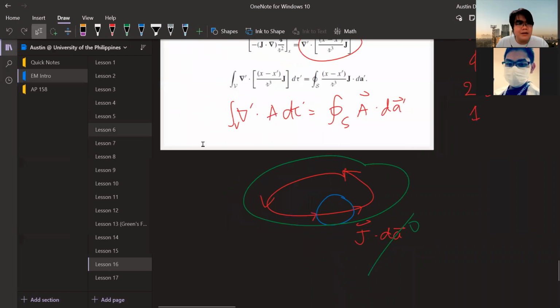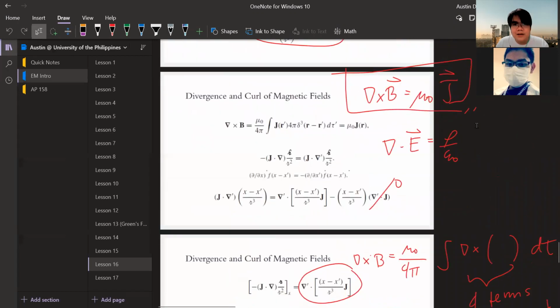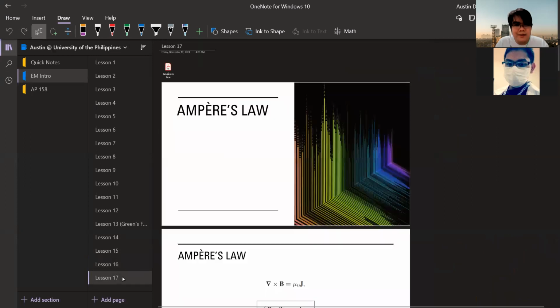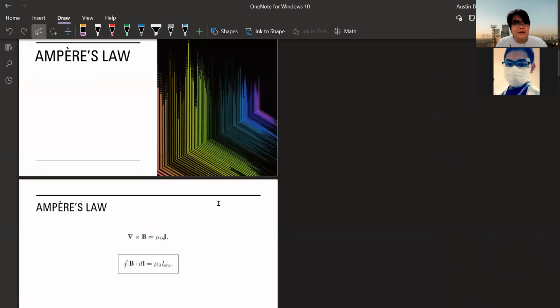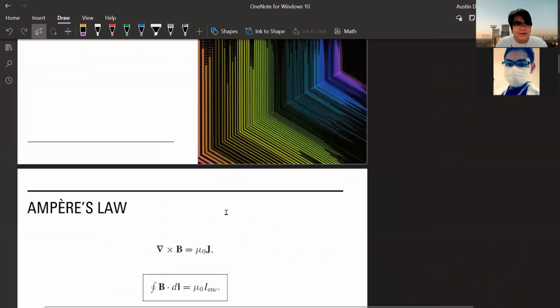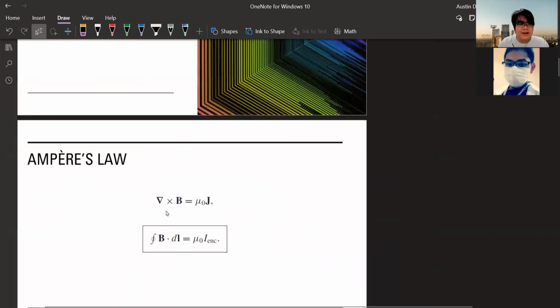So, tuloy natin. What can we get from here? Ampere's law. Balik tayo dun sa result natin na del cross B, the curl of B, is just mu naught J. J yung volume current, kung naalala natin.